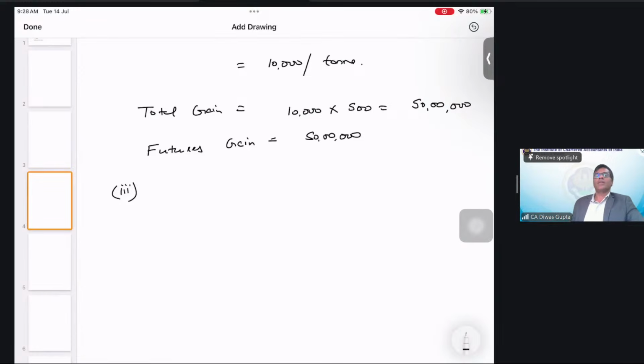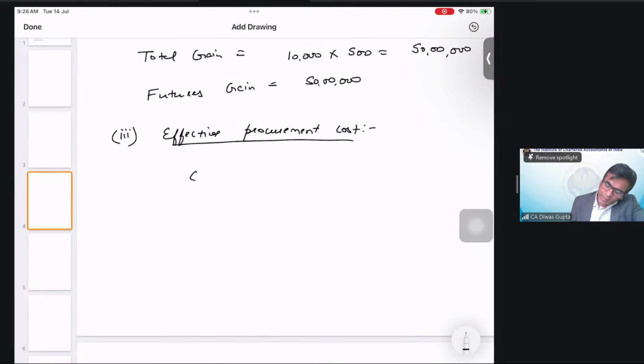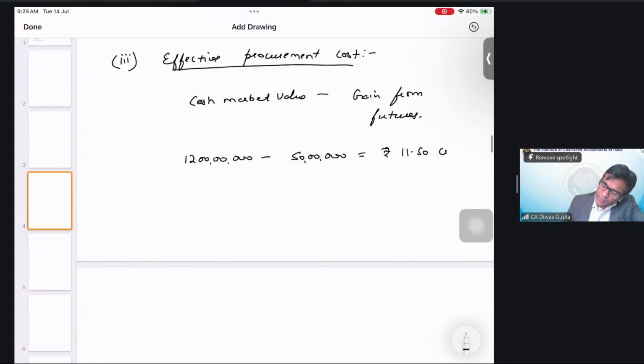And hence, we can calculate the effective procurement cost. It will be cash market value minus gain from futures. So this is actually 12 crores minus 50 lakhs is equal to 11.50 crores.